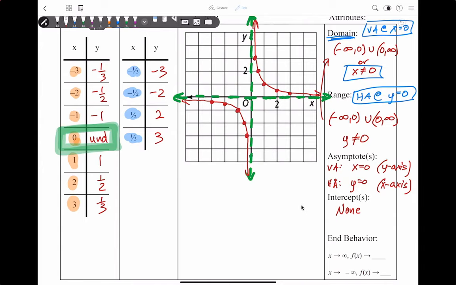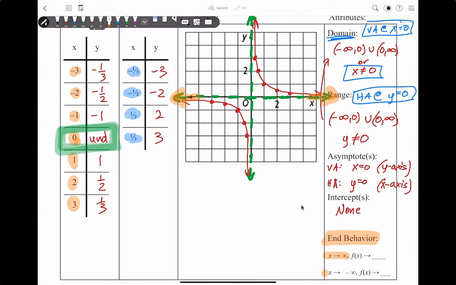Okay, so the end behavior. This is very, very important in this unit. End behavior talks about what the graph is doing as you go toward infinity or negative infinity.